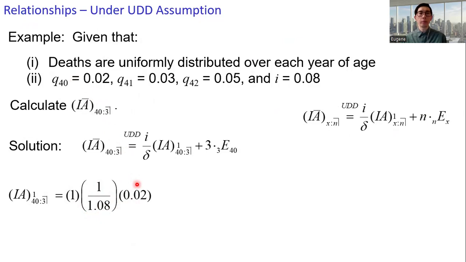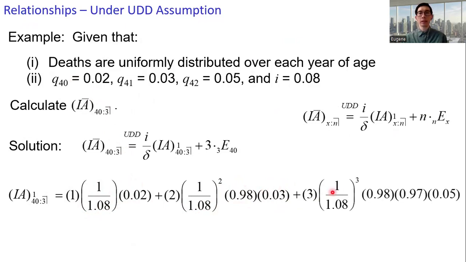The second term, death benefit is 2, the present value factor, and the probability of death within this year, p40 times q41. And then the third term, the endowment component, 3 times 3E40.